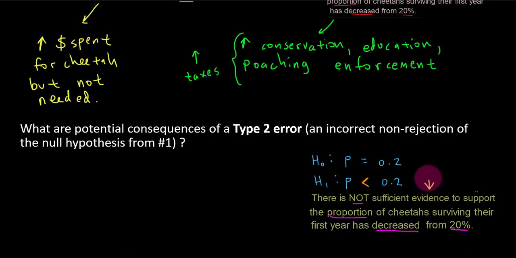This conclusion was when we did not reject the null hypothesis. That is when a possible type 2 error could occur. In this conclusion, we stated that there is not evidence that the proportion of surviving cheetahs in their first year has decreased.